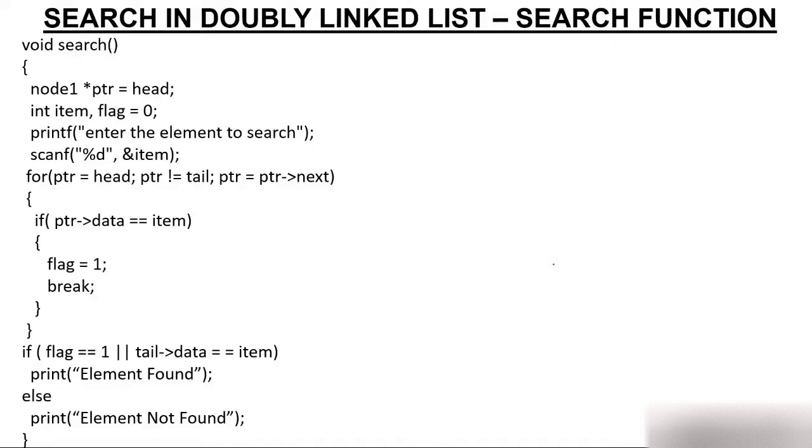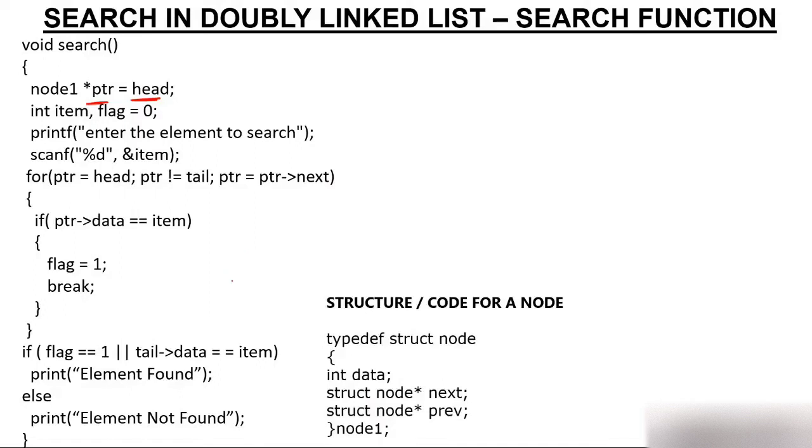In search coding, this is simple coding. We have created a pointer ptr and initialized it with head. Now what is node1? As I've already told you, the structure of a doubly circular linked list has one data part and two address parts, one previous address and one next address.